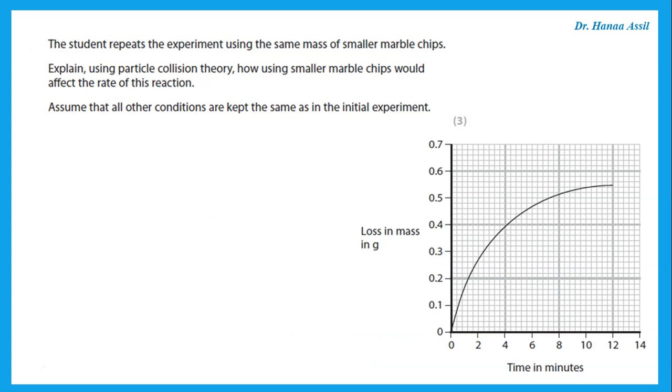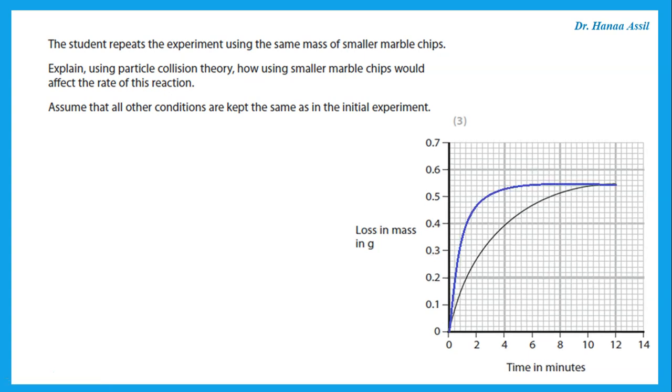The student repeats the experiment using the same mass of smaller marble chips. Explain using particle collision theory how using smaller marble chips would affect the rate. Remember, smaller pieces or powdered means larger surface area, and that means a faster reaction.